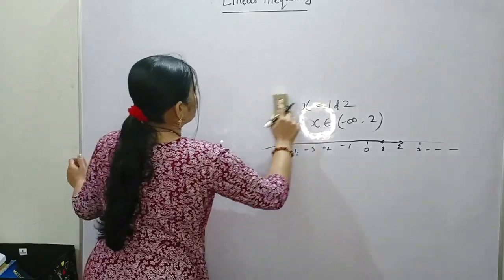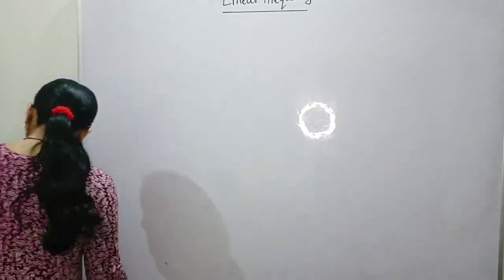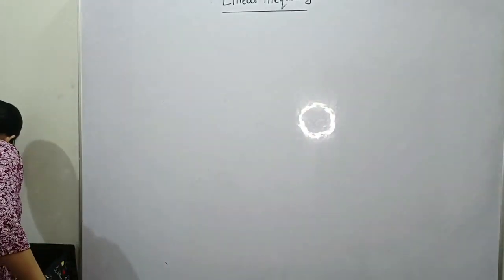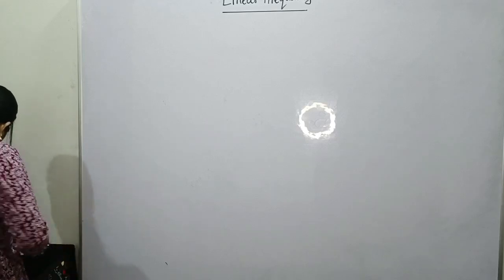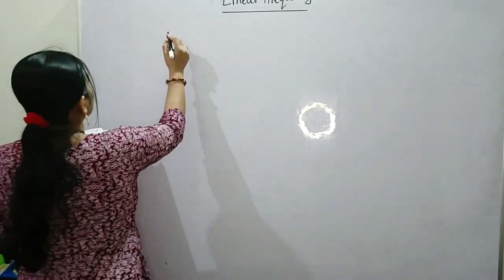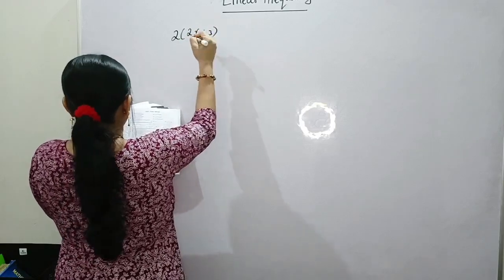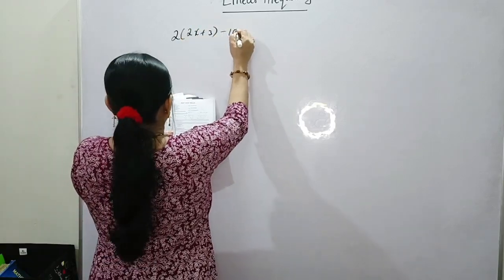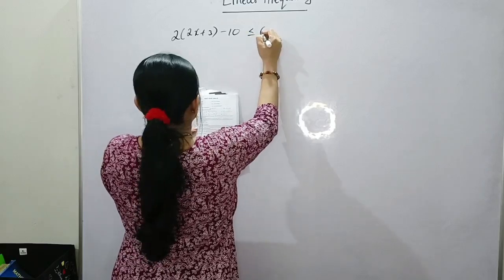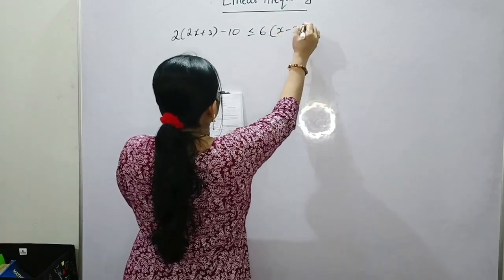Let us take the next one. 2 into (2x plus 3) minus 10 less than or equal to 6 into (x minus 2).